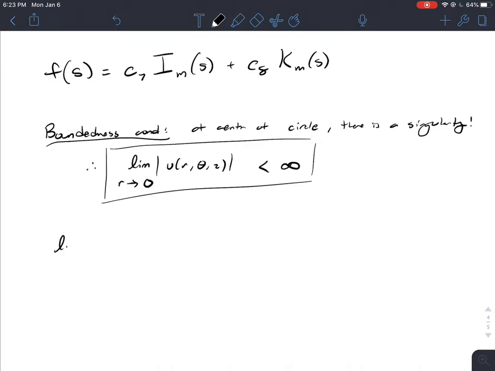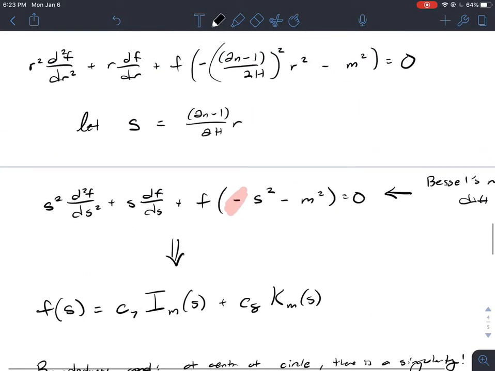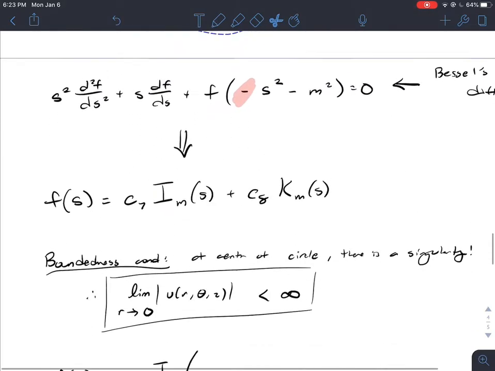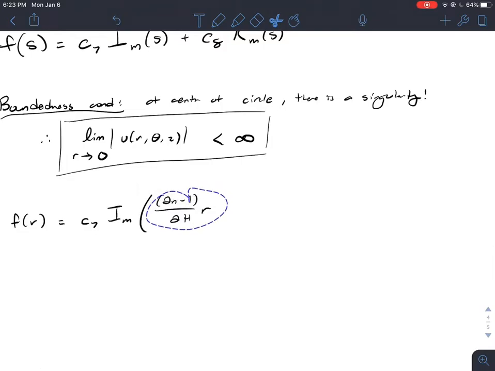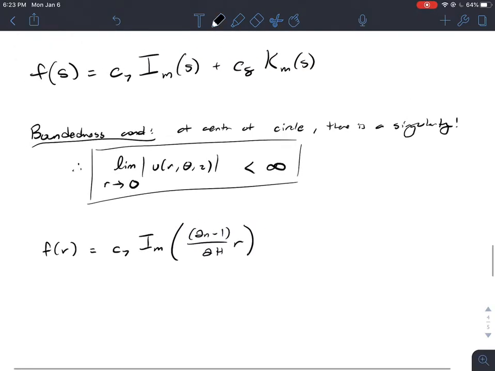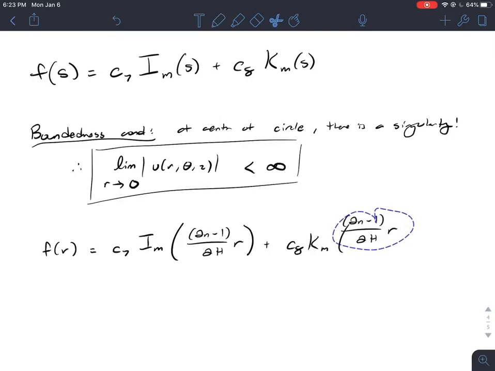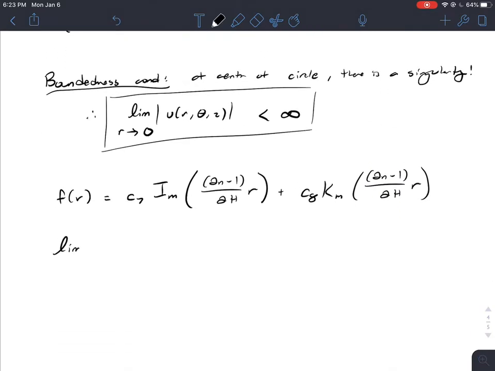Okay, so let's plug in the value for s back in. So f of r is equal to C7 I of m times this crazy looking thing right here, 2n minus 1 times 2h, plus C8 K of the same thing. Here, the limit of the absolute value of f of r as r approaches 0 must be less than infinity.